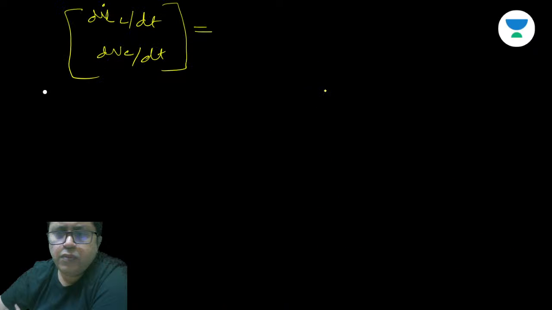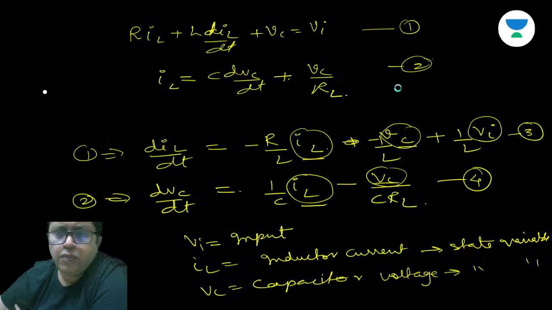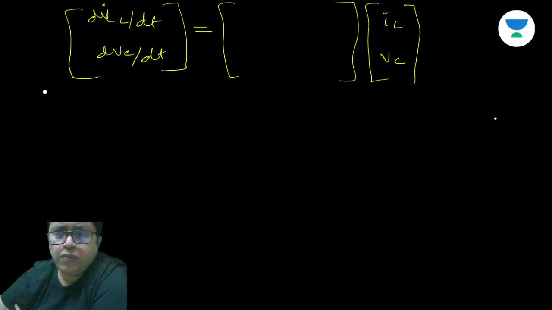So I will write down state matrix and then state variable matrix IL, Vc, and then input matrix. Input is only in equation 3, plus some matrix, then input matrix. This is Vi.